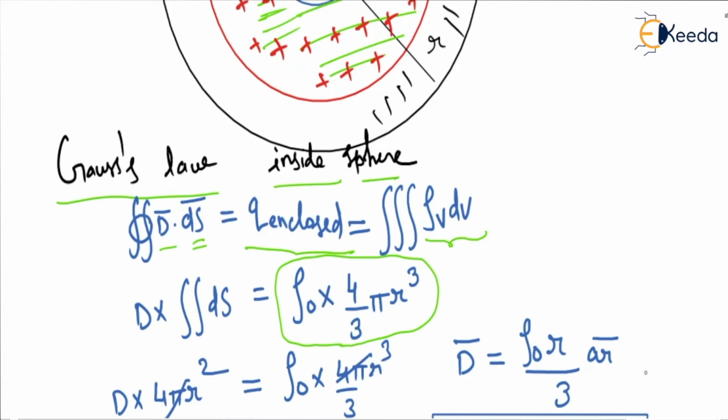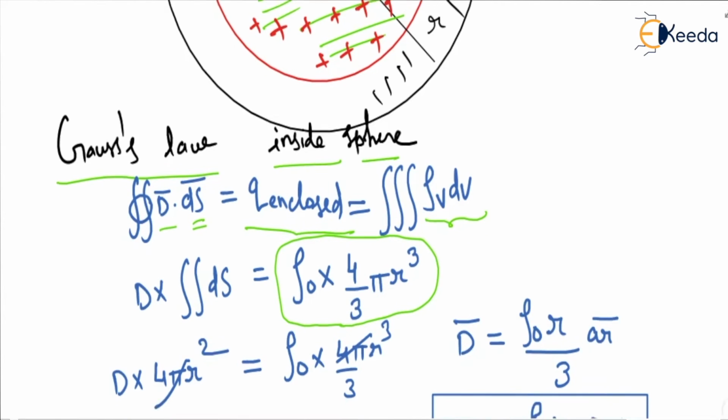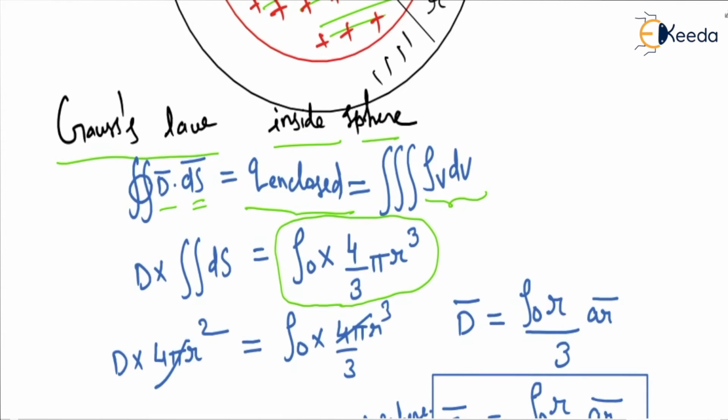And the integration of dS is the total area of the sphere, 4 pi r square. As we know, the outer surface area of the sphere is 4 pi r square, equal to rho naught into 4 by 3 pi r cube.